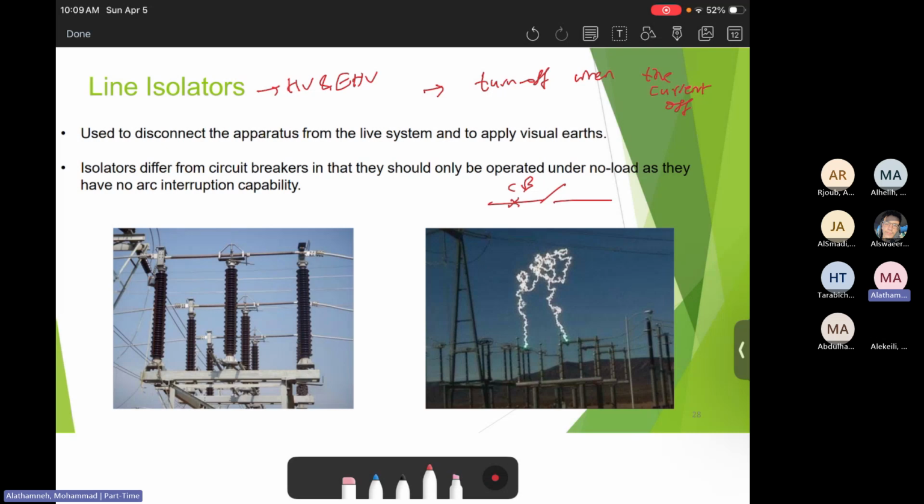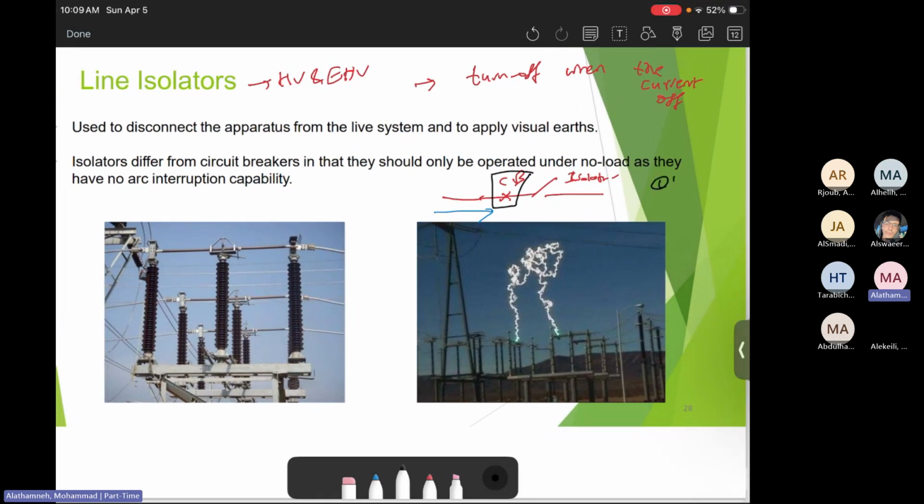There should be an isolator as well. Assume the power direction goes this way, then you disconnect the power from the circuit breaker. The first thing we call it tripping the circuit breaker.